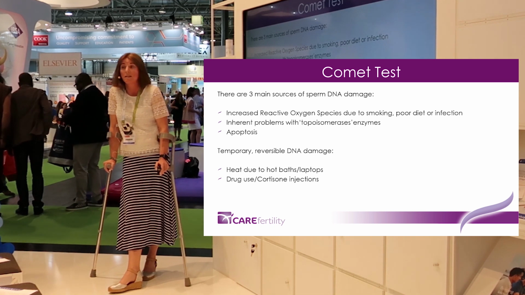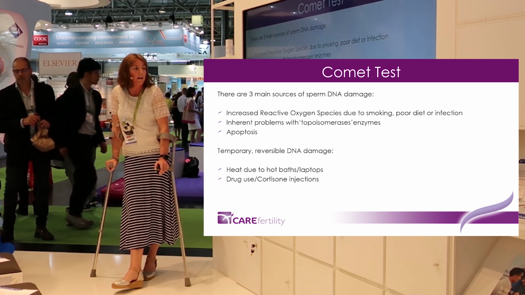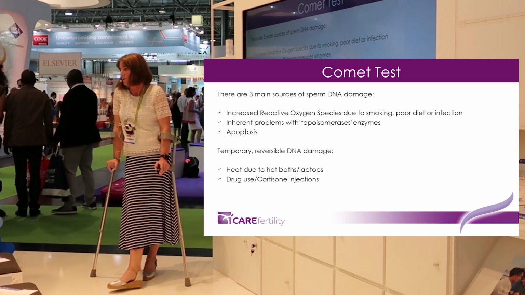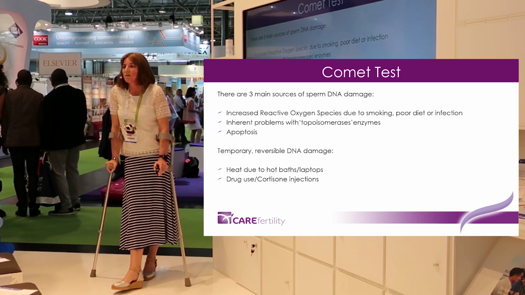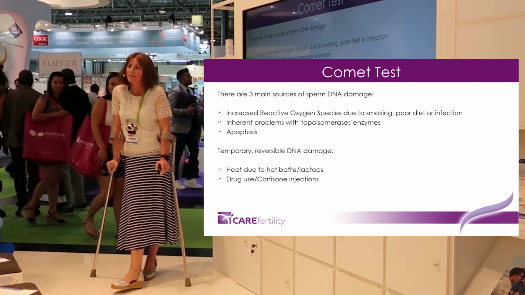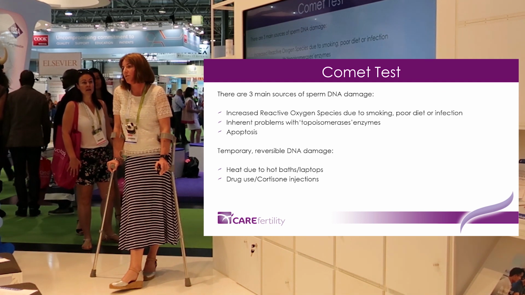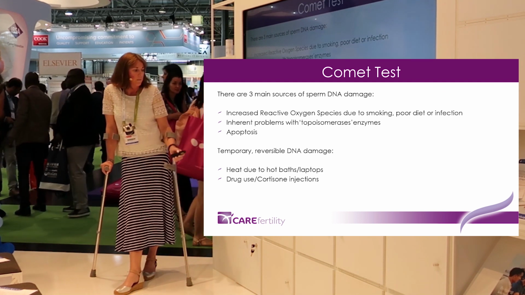There are three main sources of it, and there are also temporary and reversible sources of it. We offer the test to patients that haven't had an infection or a high temperature within the last 3 months, so that we're getting accurate results from that.